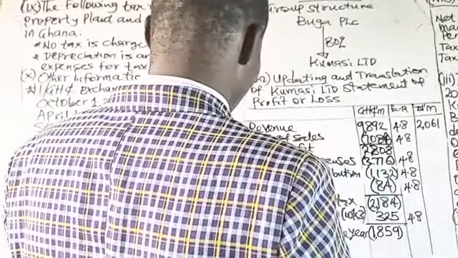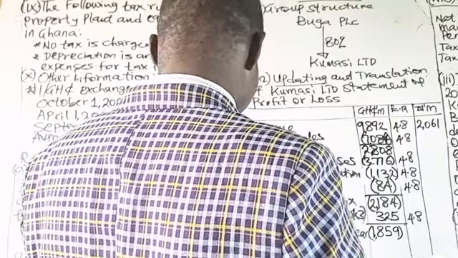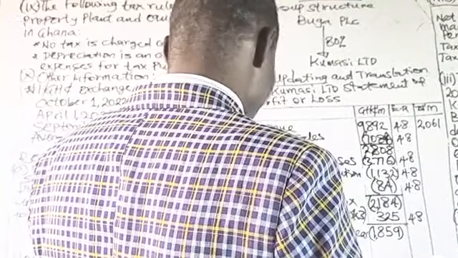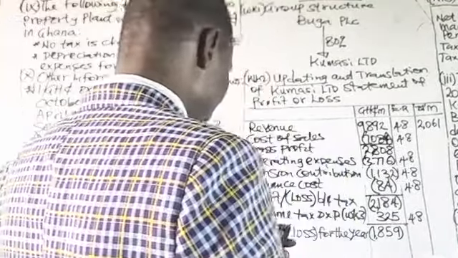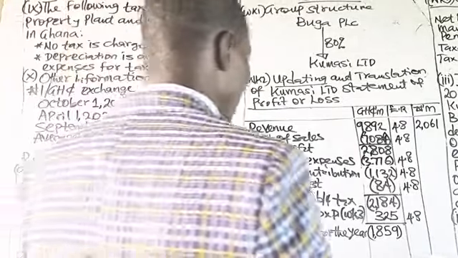Then 7084 divided by 4.8 gives us 1476 naira.